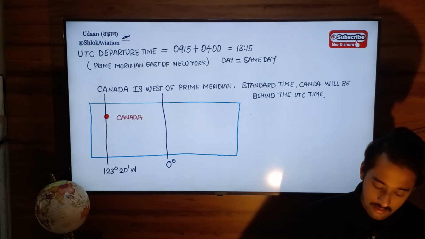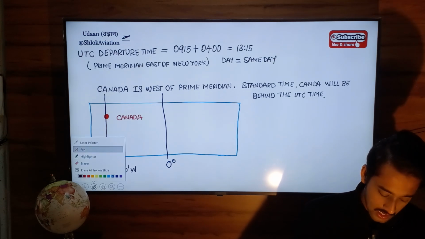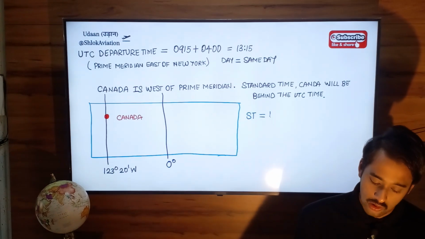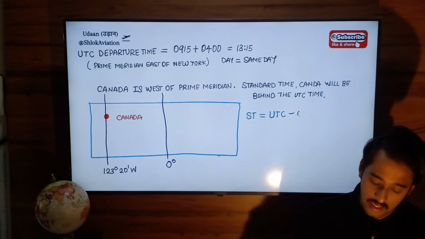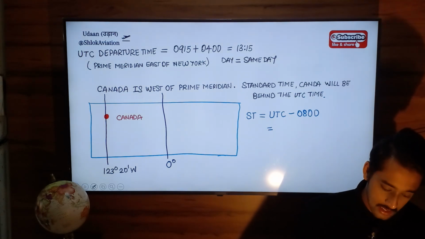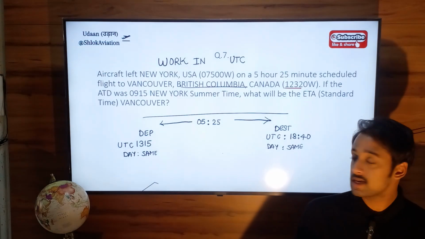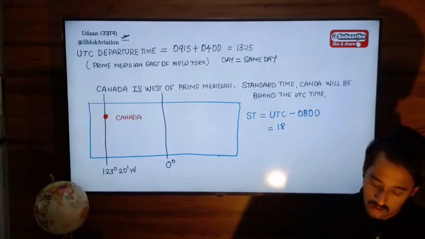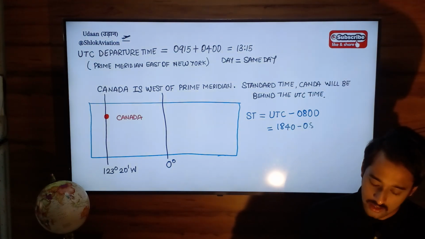So let's do this. Therefore, standard time will be equal to UTC minus 8 hours. UTC time for landing is 1840 minus 8 hours. So it will be 10:40.